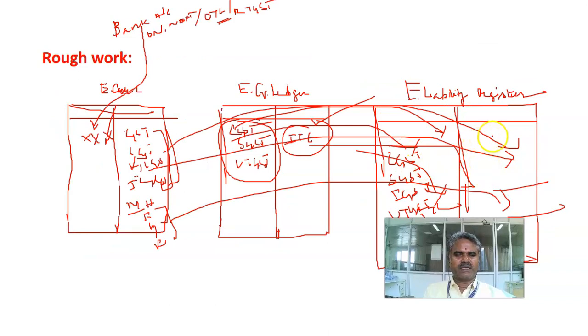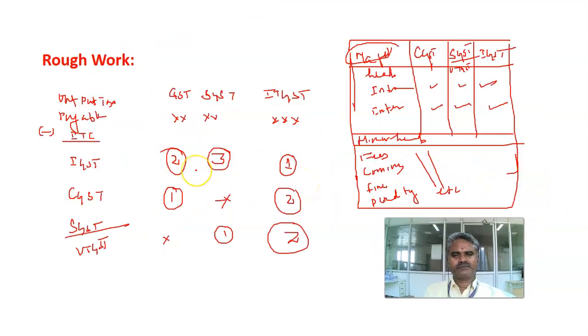Everything should be adjusted in the ledger: SGST, CGST, IGST, everything, and all fine, penalty, everything will be recorded inside. Then pay the money through the bank. So here, electronic cash or bank. That's very simple.